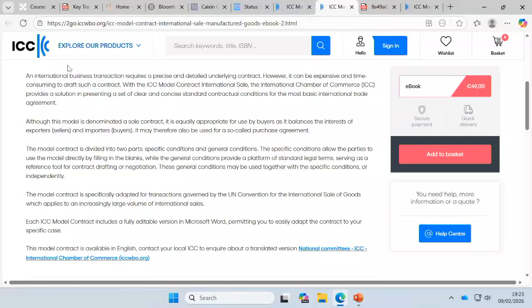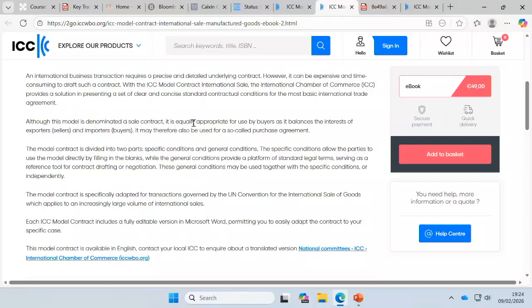So if we look at this, an international business transaction requires a precise and detailed underlying contract. However, it can be expensive and time-consuming to draft such a contract. With the ICC Model Contract International Sale, the ICC provides a solution in presenting a set of clear and concise standard contractual conditions for the most basic international agreement.